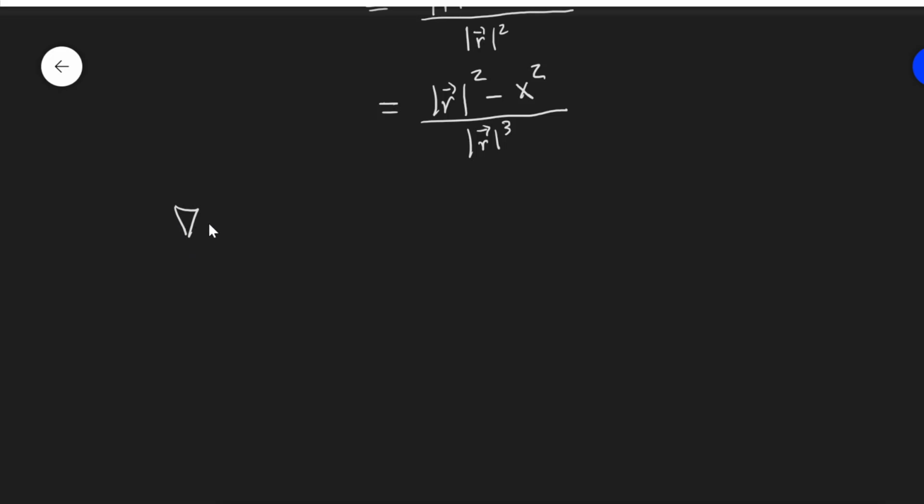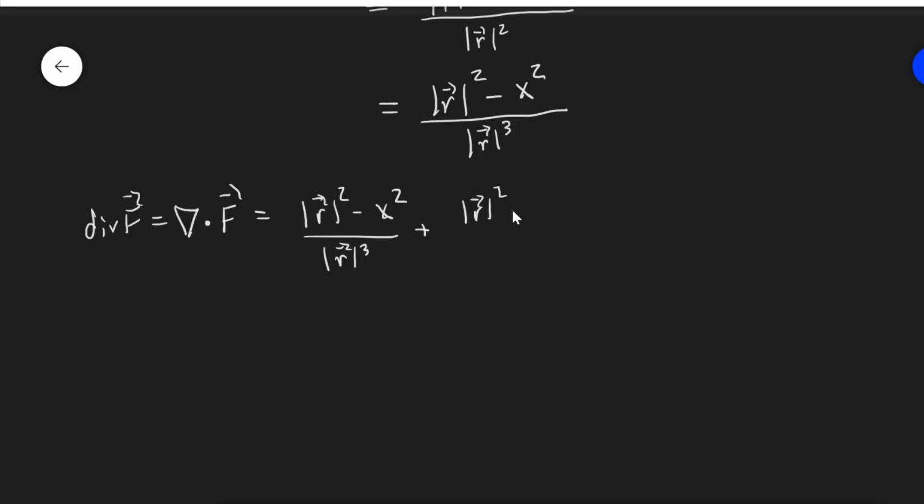So del dot F, the divergence, is the partial with respect to x of the x component, that was what we just calculated above, magnitude r squared minus x squared over r cubed, plus partial with respect to y, that's going to look like magnitude r squared minus y squared over magnitude r cubed, plus partial with respect to z, magnitude r squared minus z squared all over r cubed.